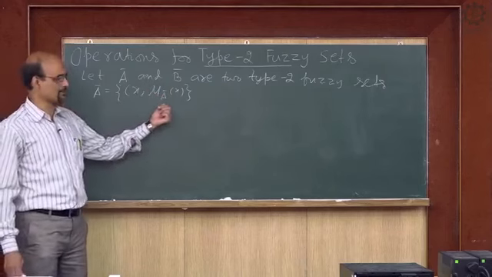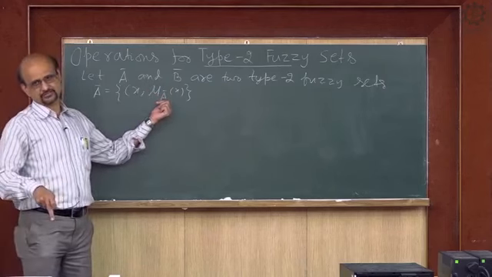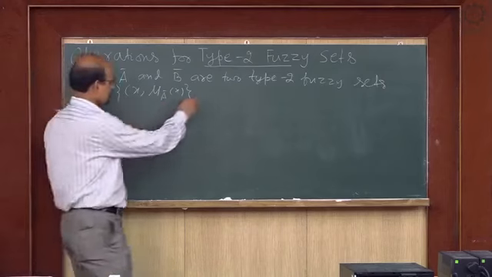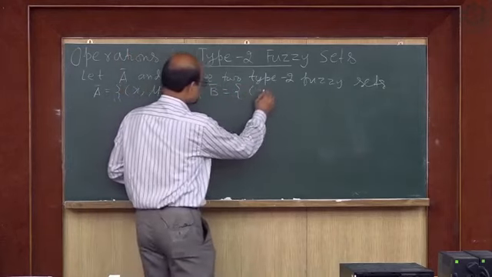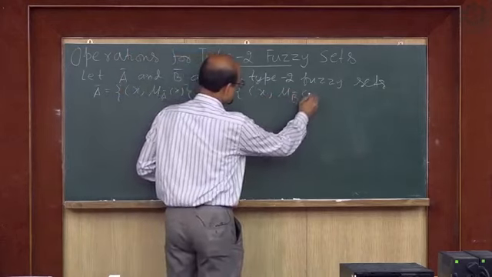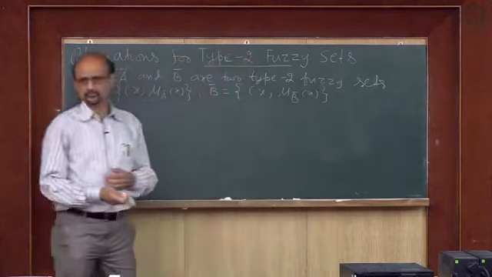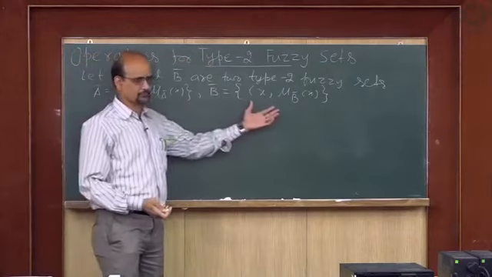So, this mu A bar x will again be a fuzzy set. And B bar may be x, mu B bar x. These are two type 2 fuzzy sets.